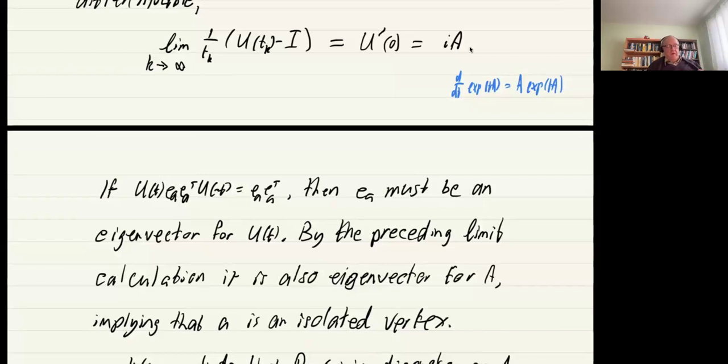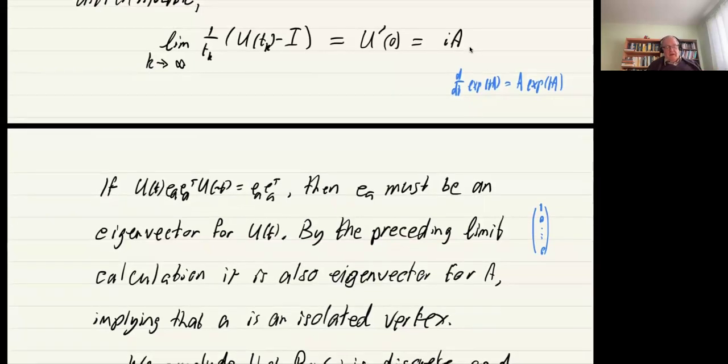Now, let's go back to my blue again. You've got an eigenvector, well, we can assume it looks like it is. Now, the point is, by this limit calculation that we've just done, it's also an eigenvector for A. Now, if this is an eigenvector for an adjacency matrix of a graph, then this vertex must be isolated.